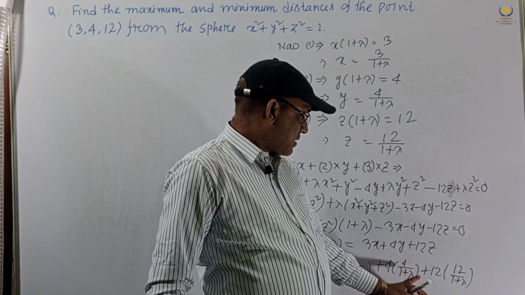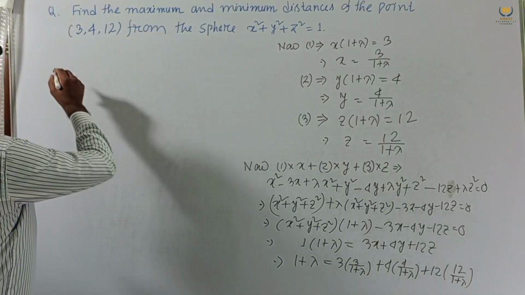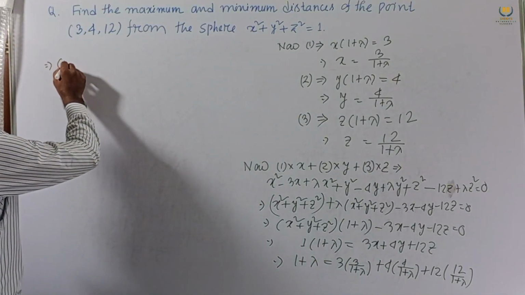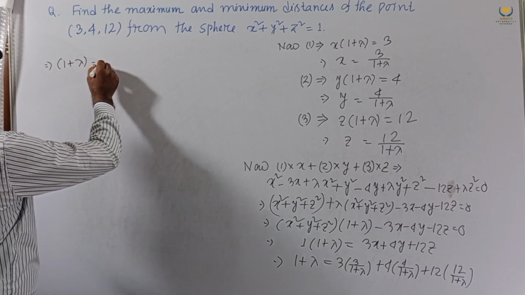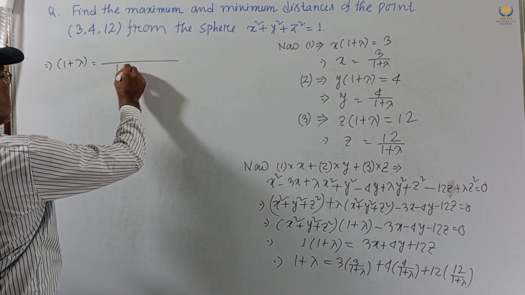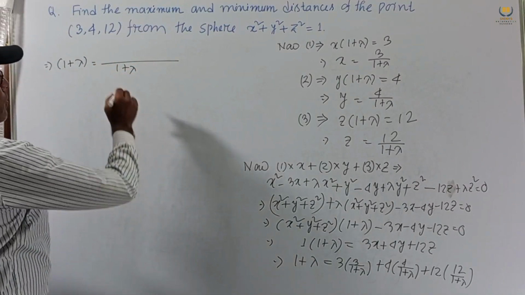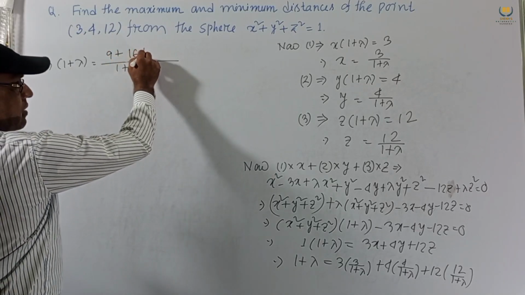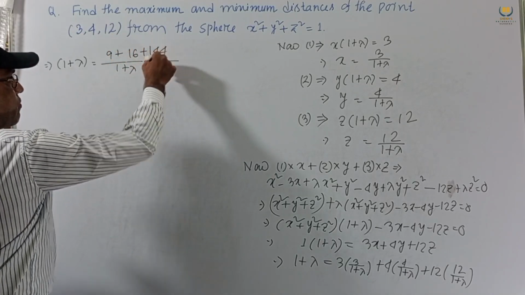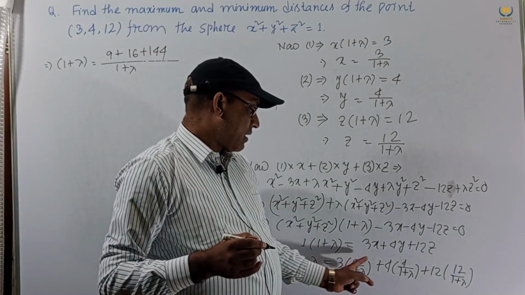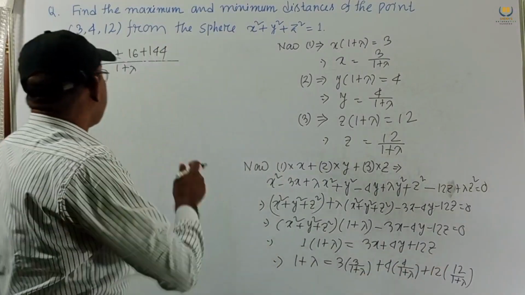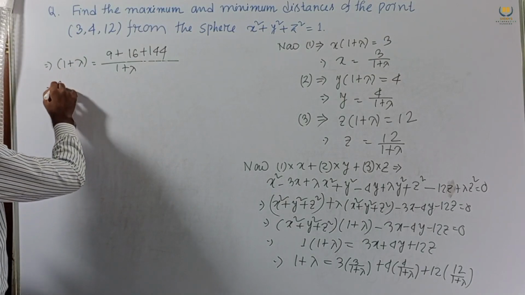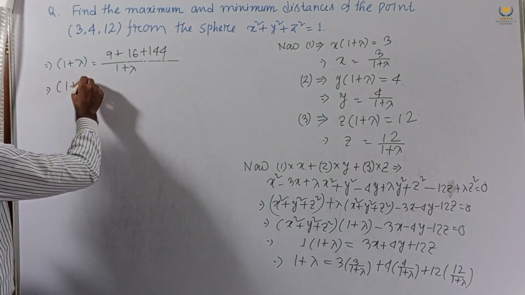So 1 plus lambda is the LCM, and we get 9 plus 16 plus 144, multiplying on the left hand side by 1 plus lambda whole square.